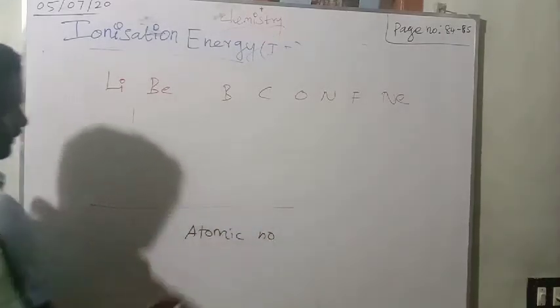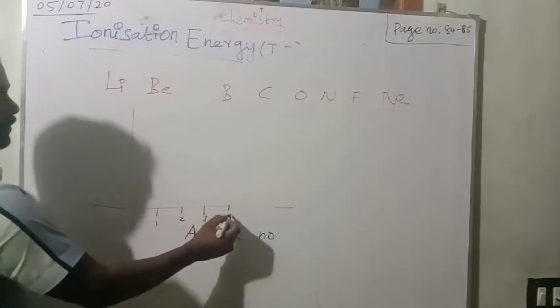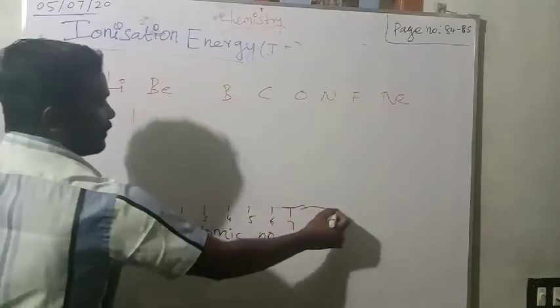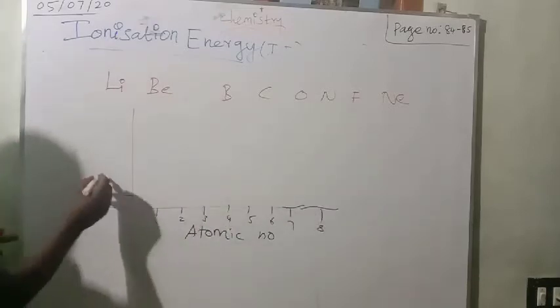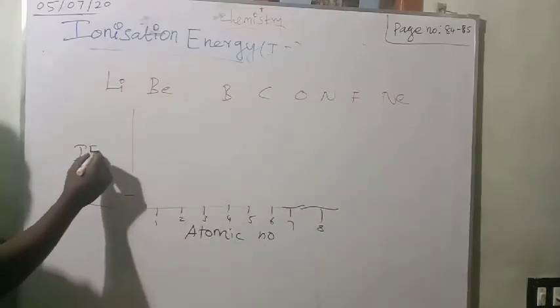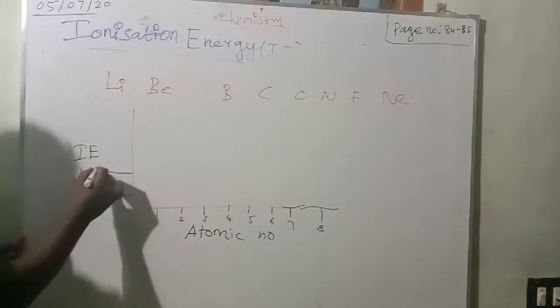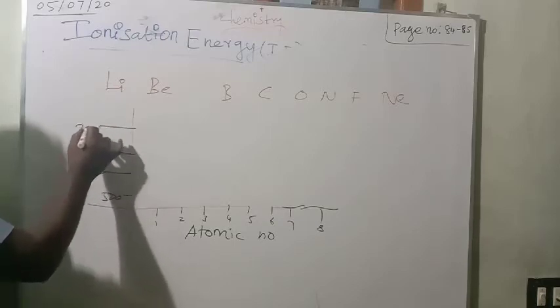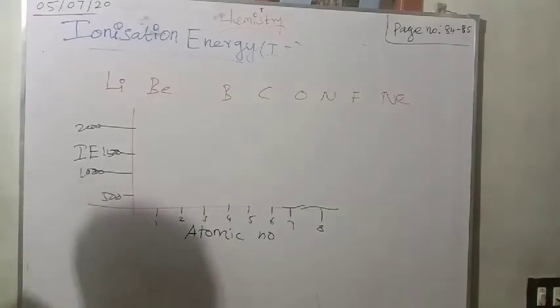You can take 1, 2, 3, 4, 5, 6, 7, 8, likewise it will go. Here you can write the ionization energy, IE value: 500, 1000, 1500, then 2000.